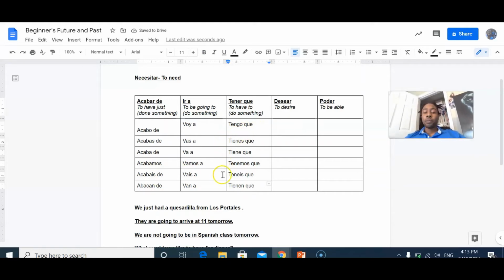All right. So, the next one we have is a very useful word. It looks like the word desire, and you can use it as to wish for. I remember when I was in first or second grade, we had a reading book, and it was called deseos, which meant wishes, and that's something that was really vivid to me.